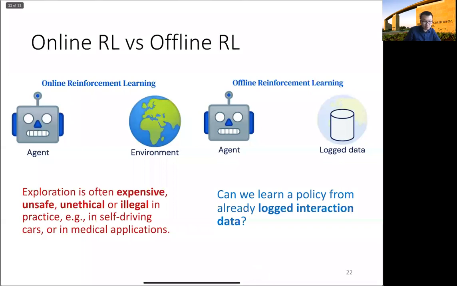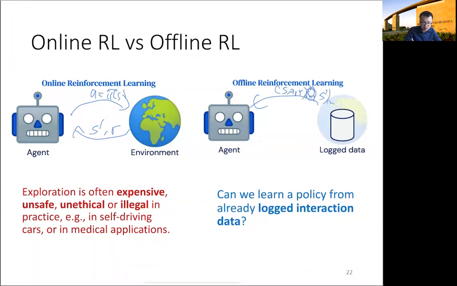That motivates the problem of so-called offline reinforcement learning. In online reinforcement learning, you keep taking actions and receive state transitions and rewards as a function of the current state. In offline reinforcement learning, you basically have a bunch of data in the form of (s, a, r, s'), n copies of it, drawn from maybe a different policy.